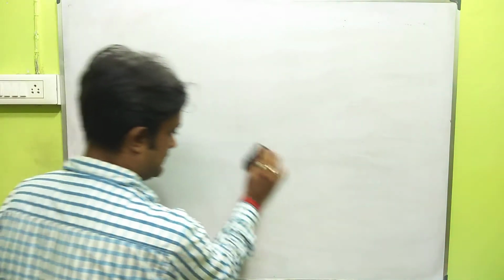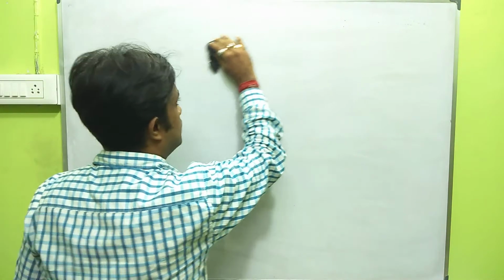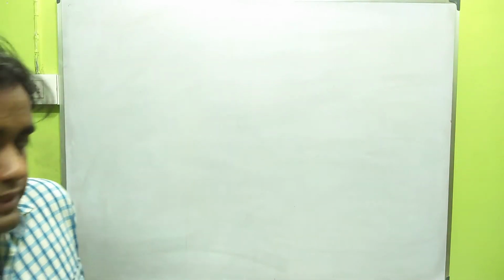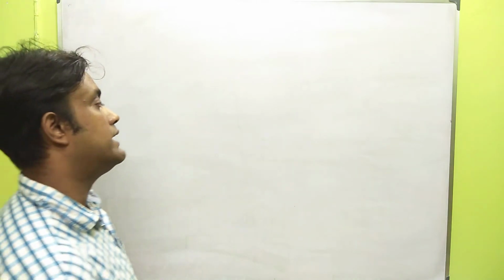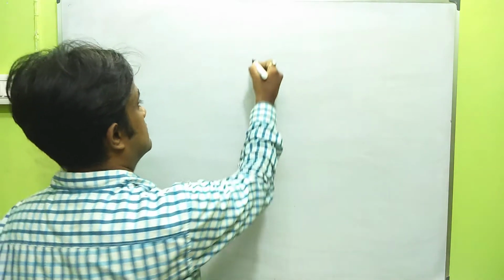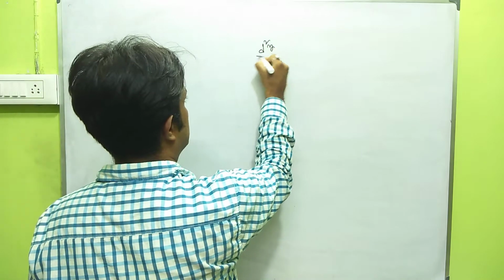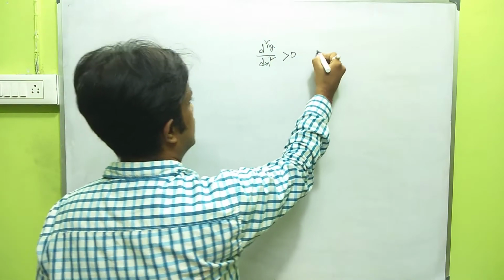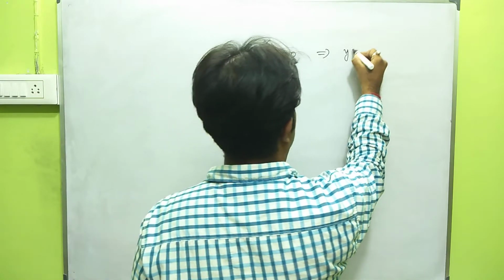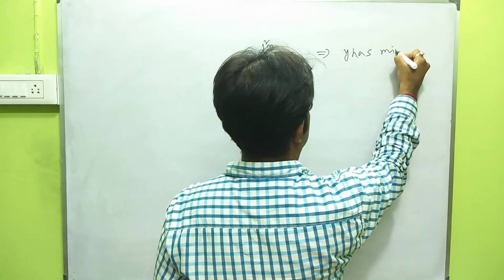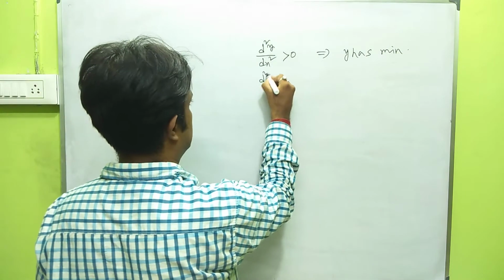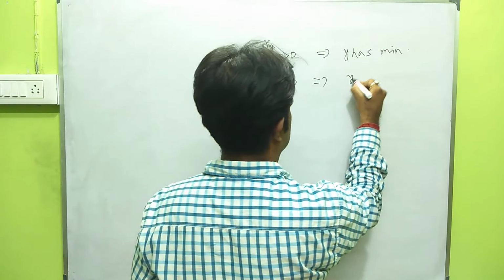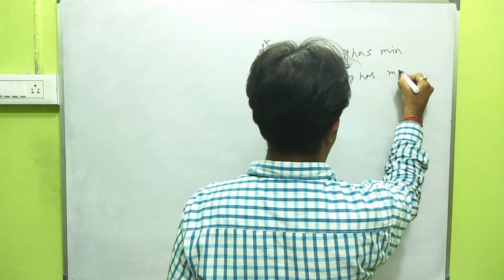Now we explain why d2y by dx2 greater than 0 implies y has minimum value, and d2y by dx2 less than 0 implies y has maximum value.